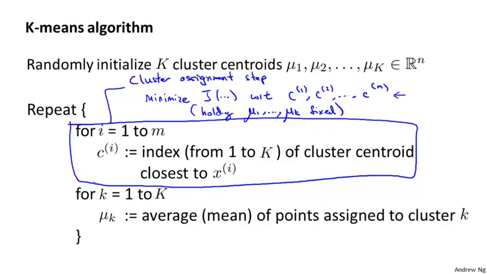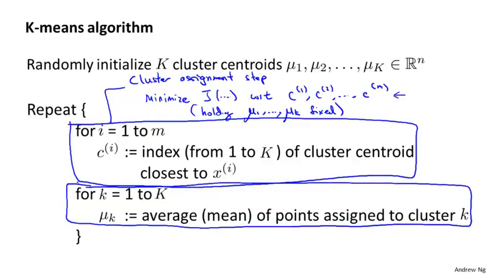And then the second step of k-means was the move centroid step. Once again, I won't prove it, but it can be shown mathematically that what the move centroid step does is choose the values of mu that minimize J. So it minimizes the cost function J with respect to, WRT is my abbreviation for with respect to, the locations of the cluster centroids mu_1 through mu_K.